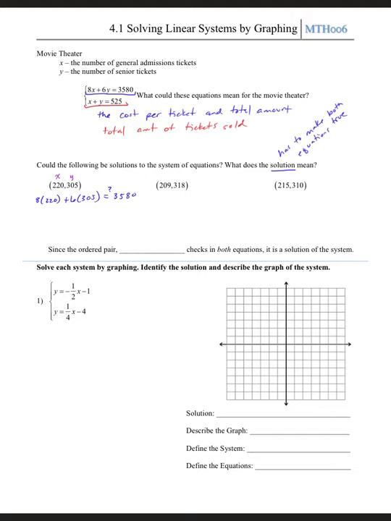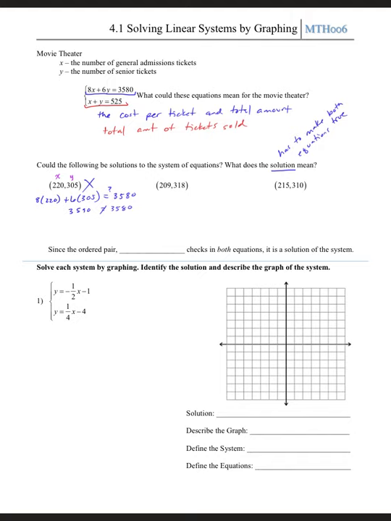Now you want to make sure you use your calculator for this, that way you don't make any arithmetic errors. So 8 times 220 plus 6 times 305, and you'll find we get 3590. So we get 3590 when we evaluate the left-hand side, and we want it to be 3580. Those two values are not equal, so right away we know that this is not a solution.